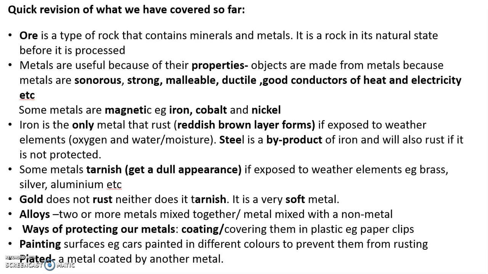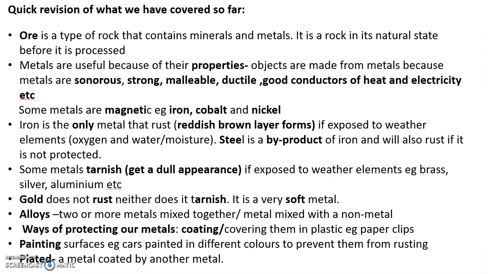They get this dull appearance if they're exposed to weather elements. For example, your brass, if you clean it, then it gets its luster back. We also spoke about gold, and we said gold does not rust, neither does it tarnish. It is a very soft metal, and in order to protect our metal, because it's very soft, and it's not the only metal that we protect, remember, we can also mix the gold with other metals, and we call these alloys.